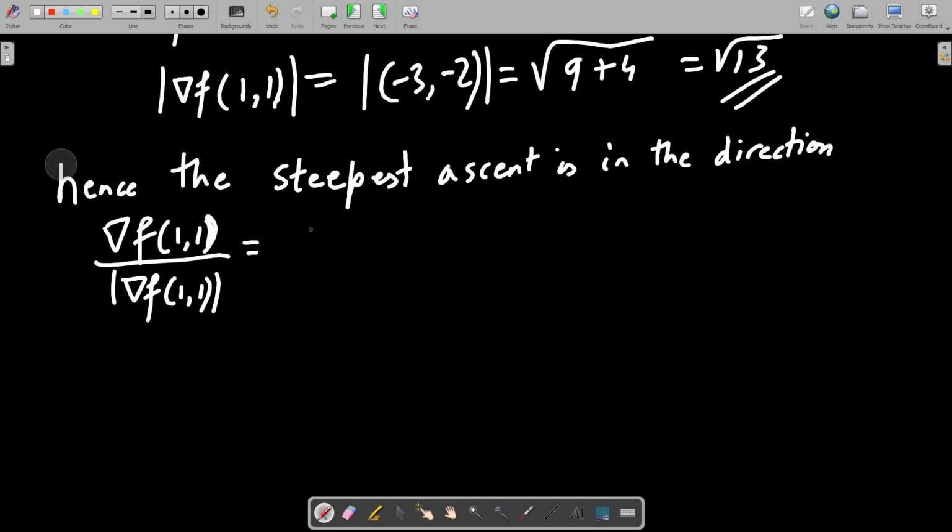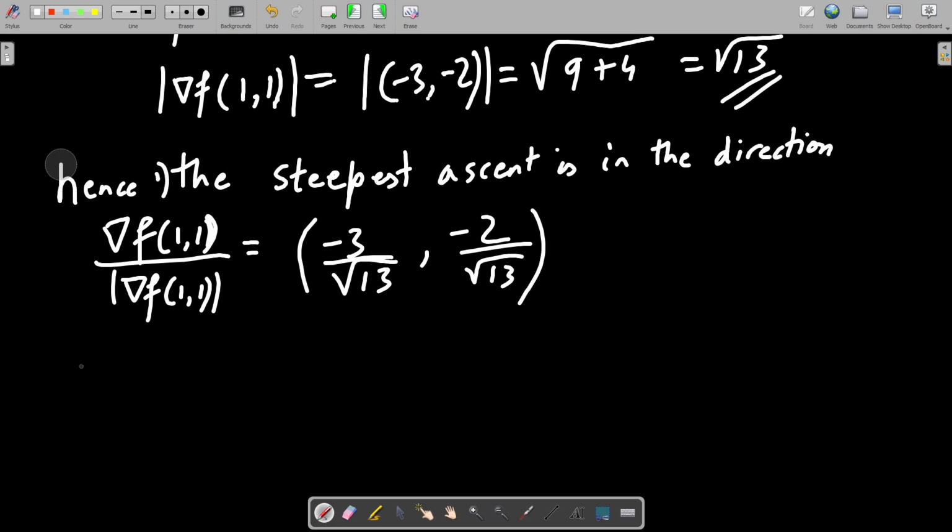This is going to be (-3 by root 13, -2 by root 13). We'll write 1 now.